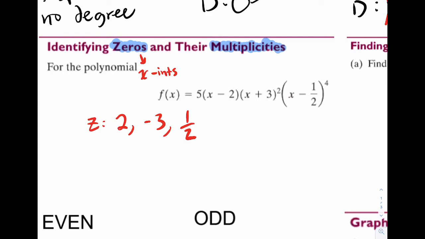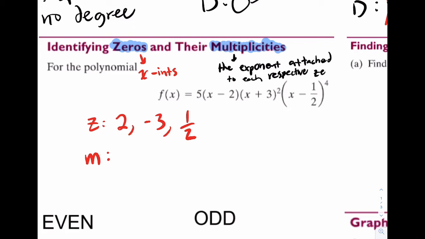What makes this one 0? 1/2. Now multiplicity is going to be the weird one, or the new one, I should say. Multiplicity, the best way to think of it is the exponent attached to each respective "zero."